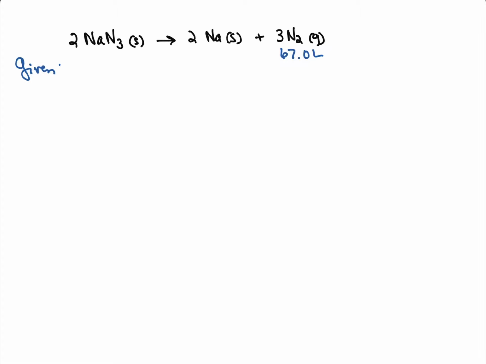Let's go ahead and record the rest of our given. Our temperature is 16 degrees Celsius. Our pressure is 1 atmosphere. Our gas constant is given in the ALEKS table.